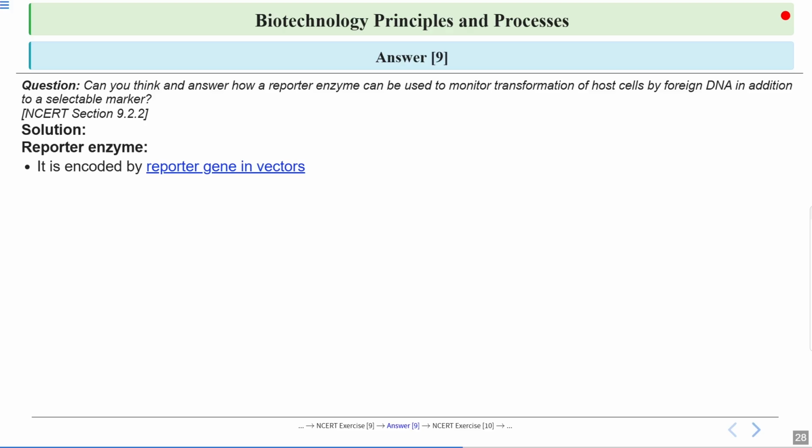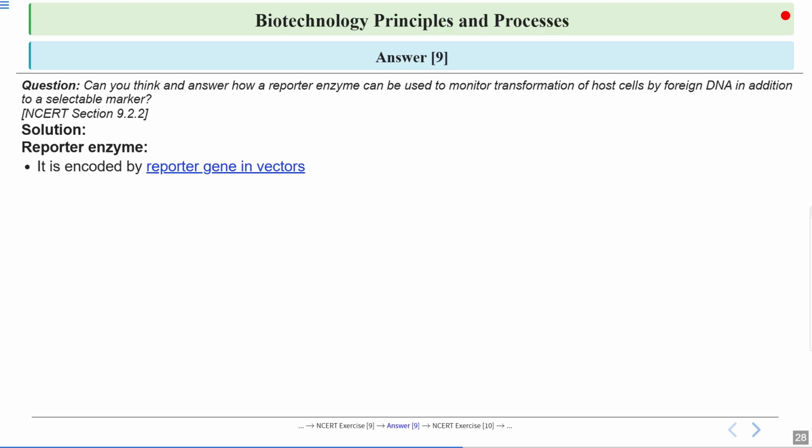If you want to do recombinant DNA technology, to know whether your result is successful or not, you need a reporter gene that reports that the gene you want is successfully incorporated in a particular organism, right? So that is present in the vector. A vector should have this reporter gene.